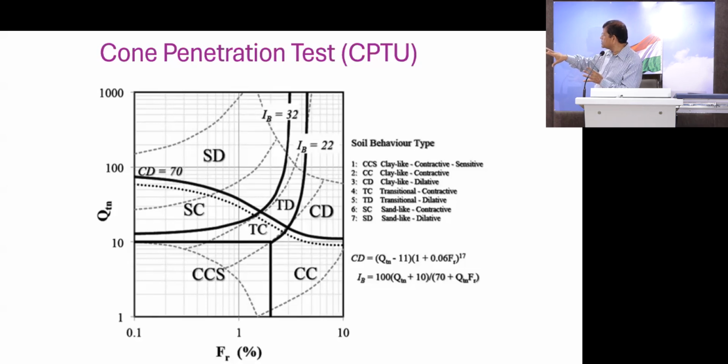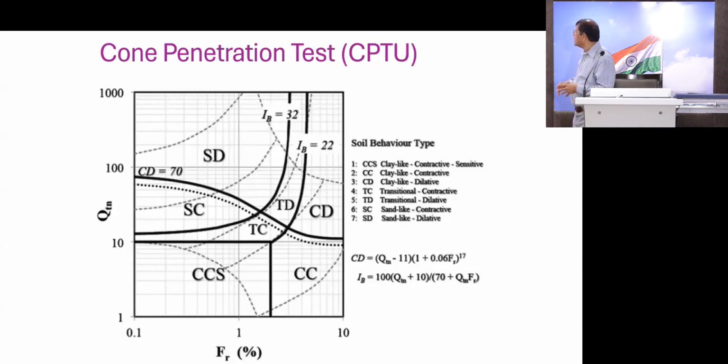Using this plot, developed by Robertson based on the CPT data, we can find there can be 7 different soil types. It's called soil behavior type analysis, SBTN.